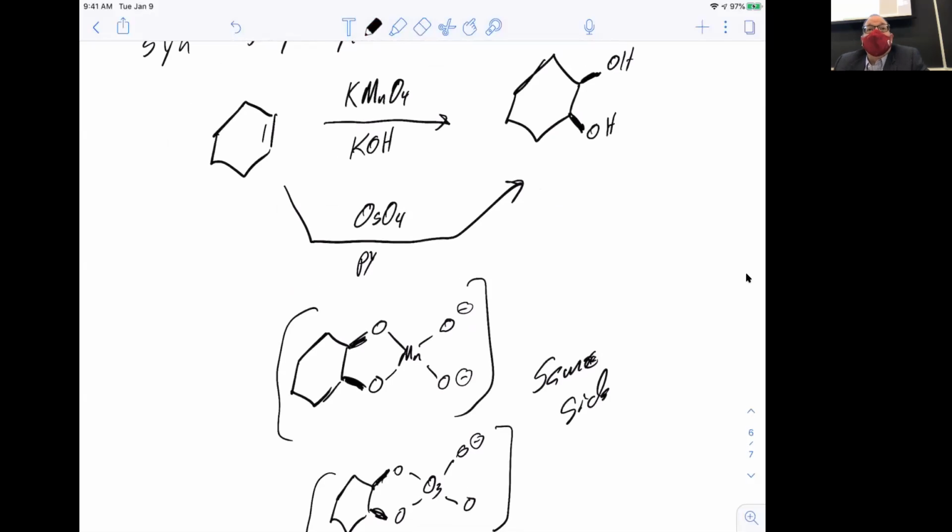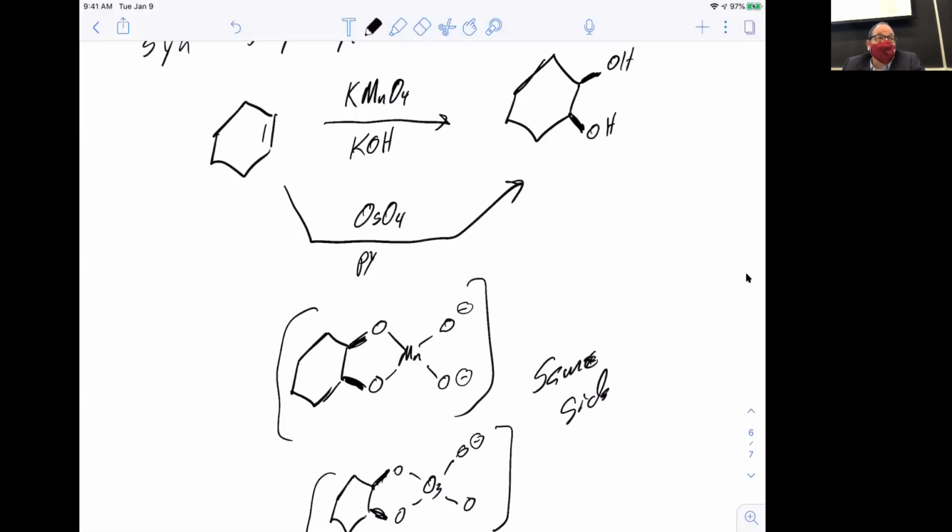Sometimes you'll see a two-step osmium tetroxide. What you're doing in that case is using osmium tetroxide as the catalyst, and you're adding another oxidant. The reason you do that is the osmium is toxic. If you see osmium tetroxide and you don't see pyridine, if you see something like NMO, what's happening is that osmium tetroxide is still your main reagent, but once you've reacted, the osmium tetroxide is not the osmium tetroxide anymore, and then you're oxidizing it back up with the NMO.